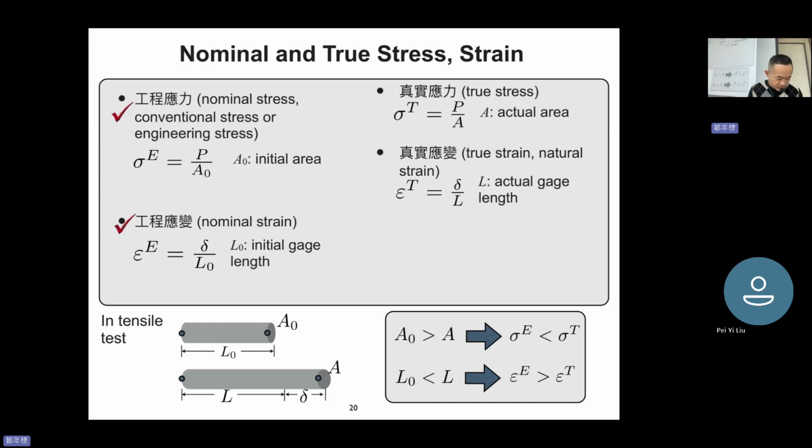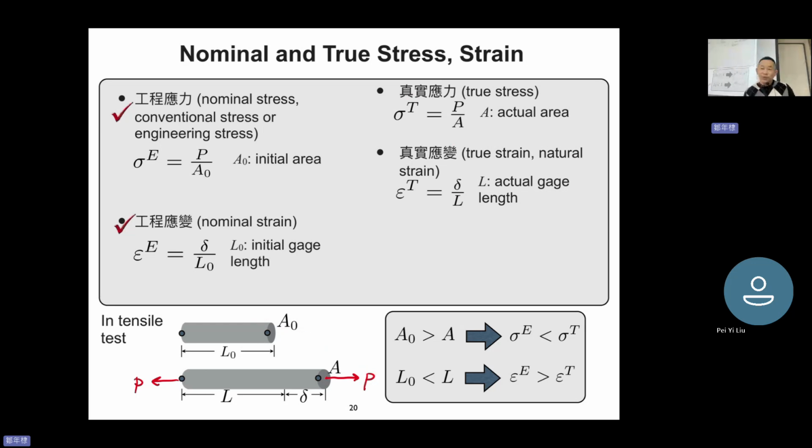So let's take a look. You can imagine that when you have A0, L0, which means the bar before the loading, and you apply a force P, you must start from 0 to P, right?